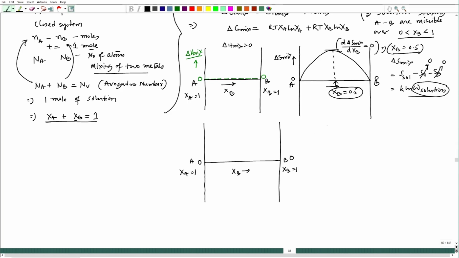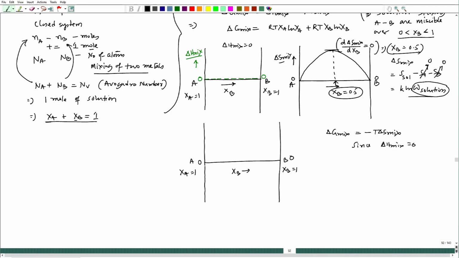So, now if I try to look at del G mix equal to minus T del S mix, since del H mix equal to 0. This particular del S mix quantity, you multiply by the temperature where you have the solution, and then it will be varying on the negative side.